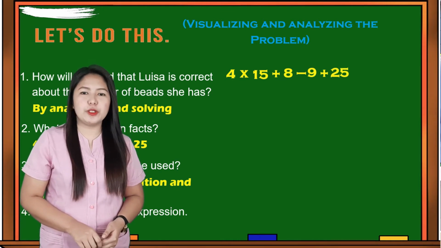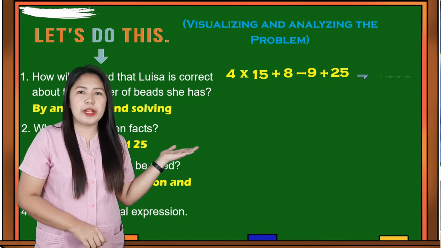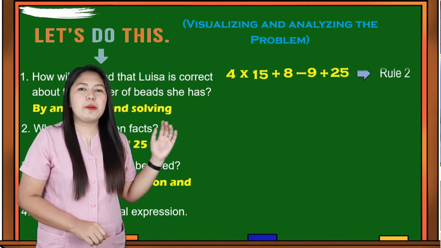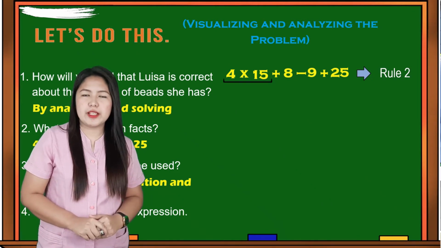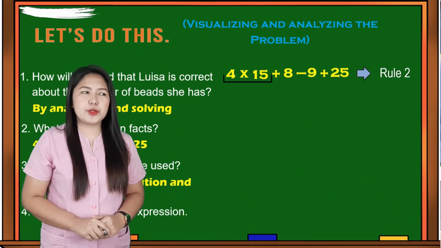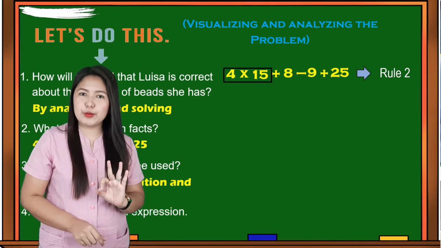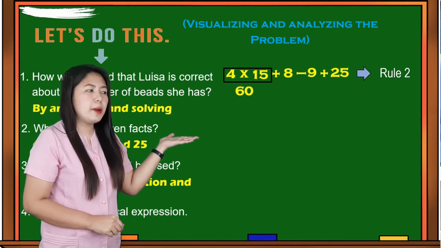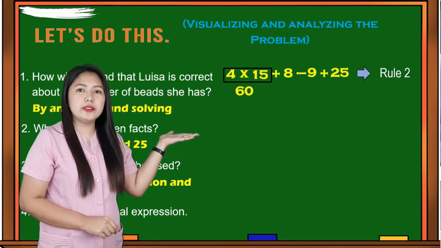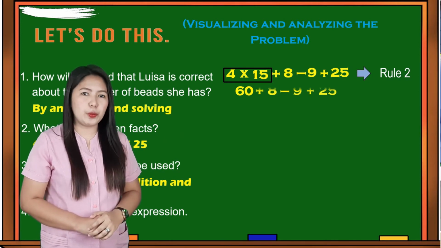Paano natin isosolve yung ganitong expression na mayroong more than 2 operations? Babalikan natin si PMDAS at si GMDAS rule. Kung babalikan natin, meron tayong tatlong rules. Kung makikita natin sa expression, meron ba tayong rule number 1 na kung saan i-apply natin si parentheses or ang groupings?